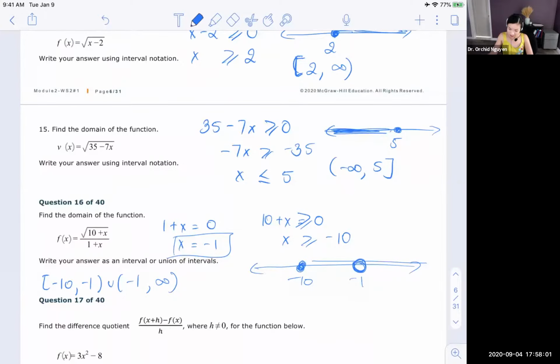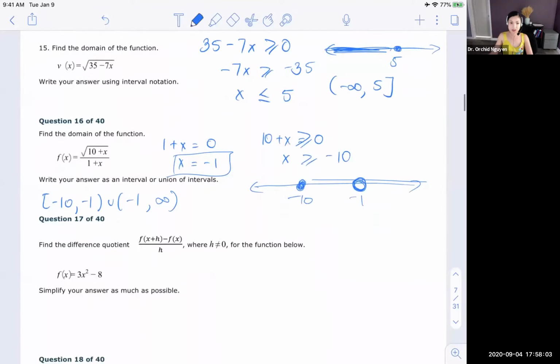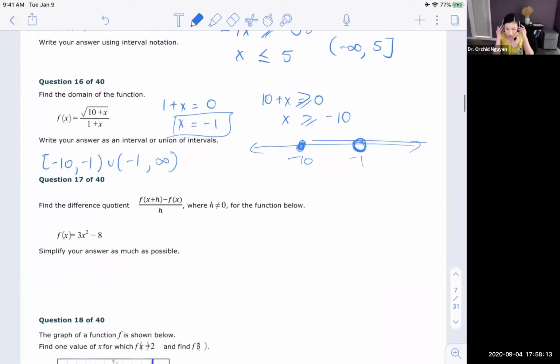All right, now the difference quotient is pretty much what you're going to see a lot when you get to calculus. That's why we want to practice here. It's really straightforward. You just have to do f of x plus h. It's just about simplifying.